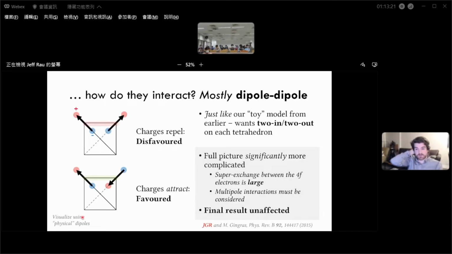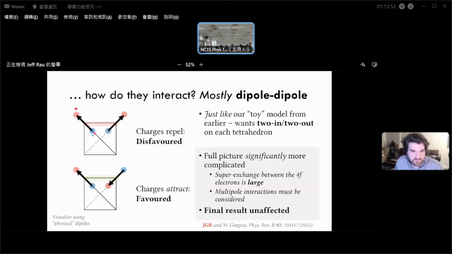So the interactions are a bit more complicated than this toy Ising model we discussed. The strongest bit, because of those very large dipole moments, is actually the dipole-dipole interaction. So just like our toy model, where we just had this antiferromagnetic exchange, this will prefer these two-in, two-out configurations. The easiest way to see this, rather than trying to do dot products, is just to imagine these things as little dumbbells of positive and negative charge, right?